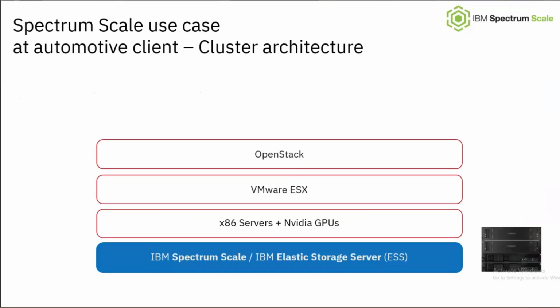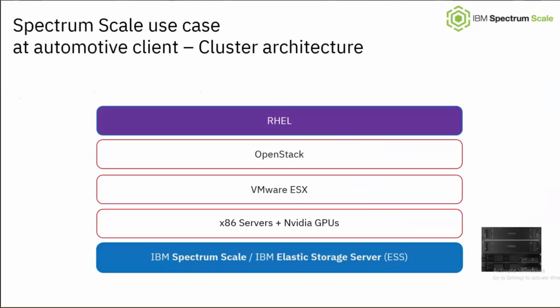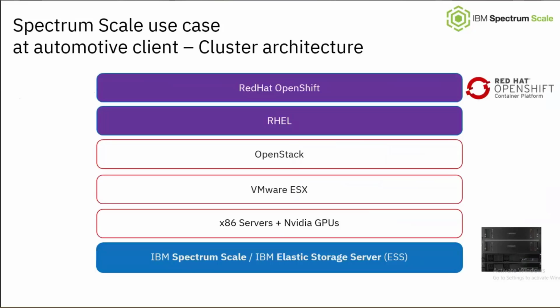And they decided to go with OpenStack for easy deployment and self-service creation of virtual machines, and potentially even in the future bare metal machines. So at this point in time when we worked on it, they put OpenShift 3 on top of it, which is based on RHEL. So the VMs were RHEL, and then we had OpenShift on top of the layer. So as you can see, quite a sophisticated stack.